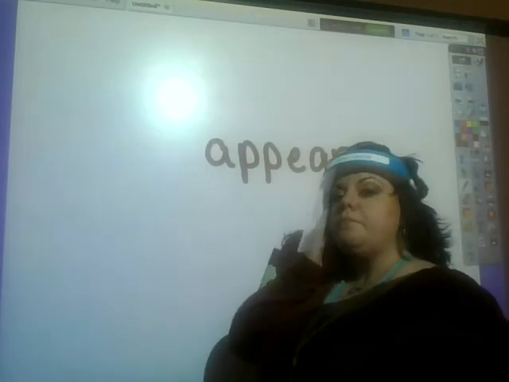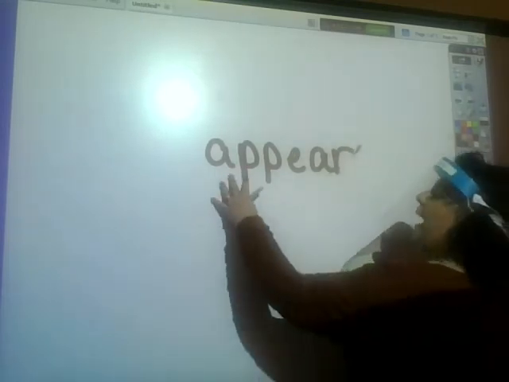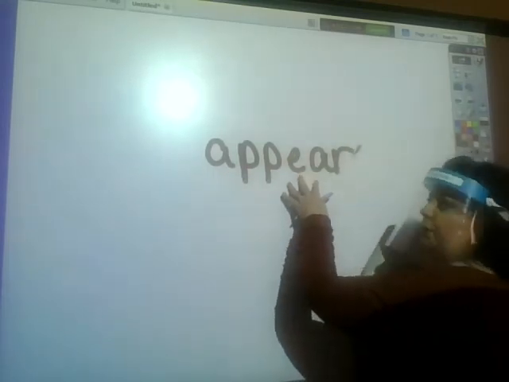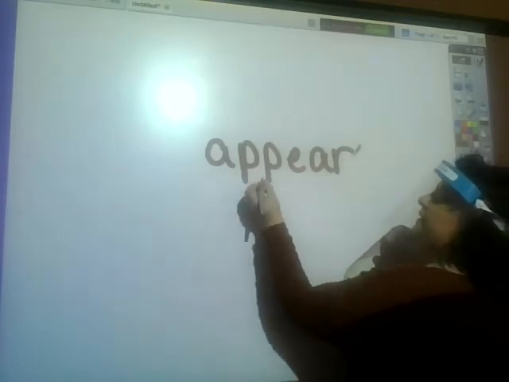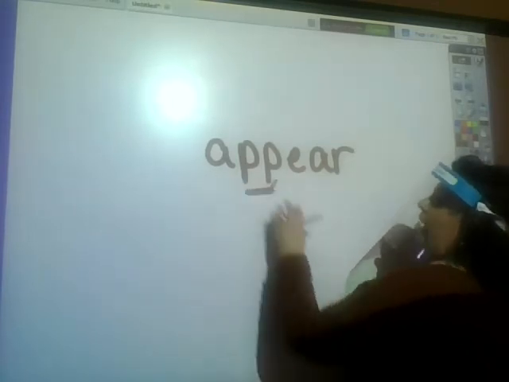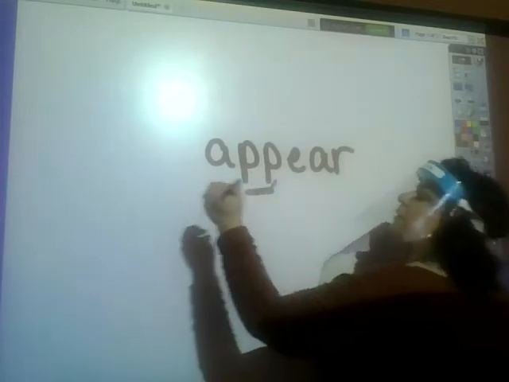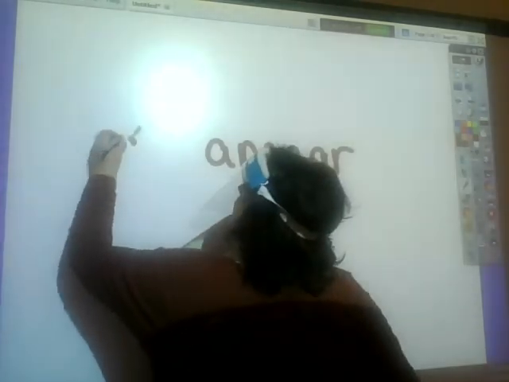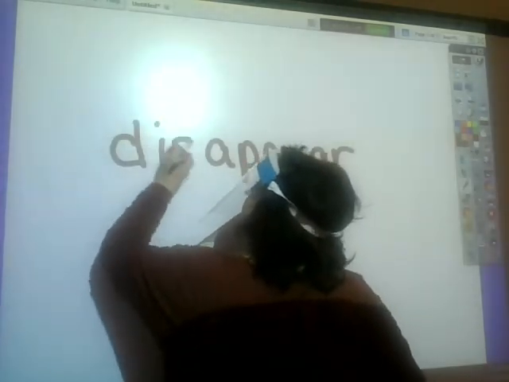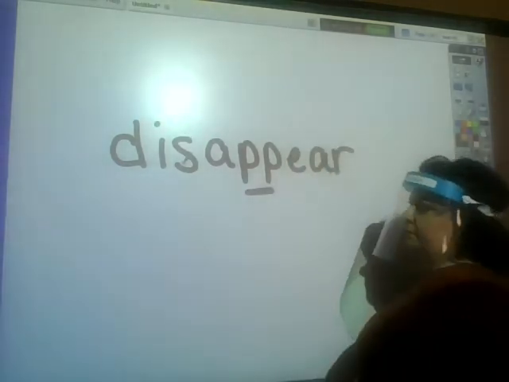No. But in our minds, let's say it that way. Ap-pear. So appear has these 2 P's right here. And we're going to keep the spelling of appear the same, and we're going to add that prefix dis. Disappear.